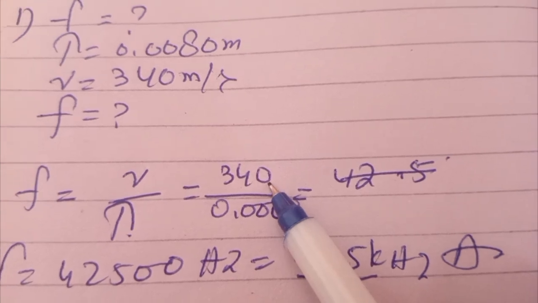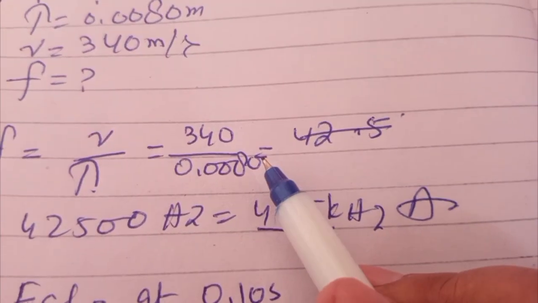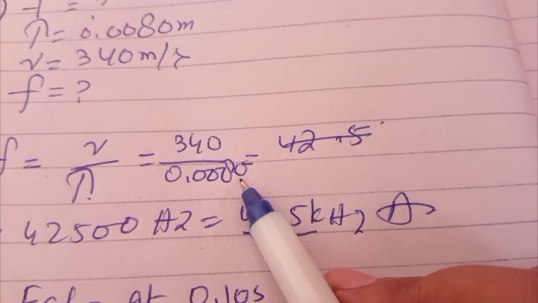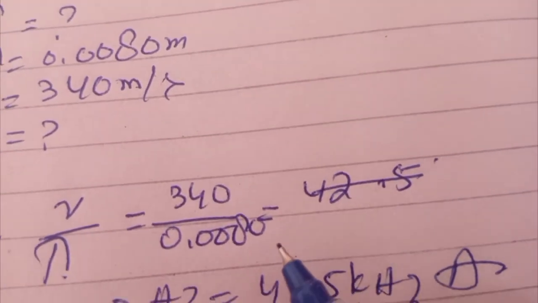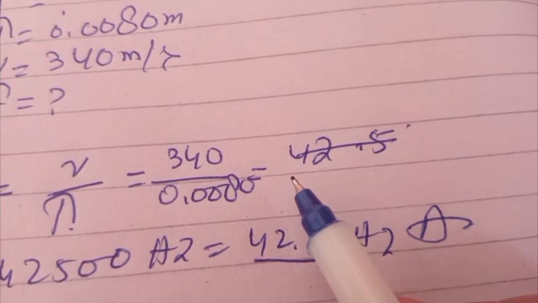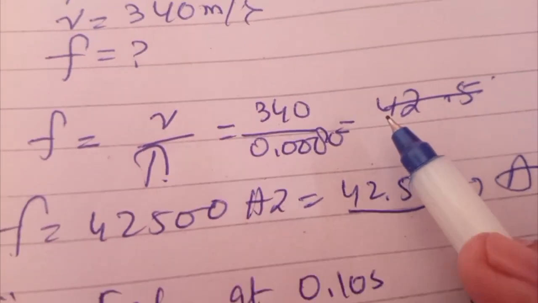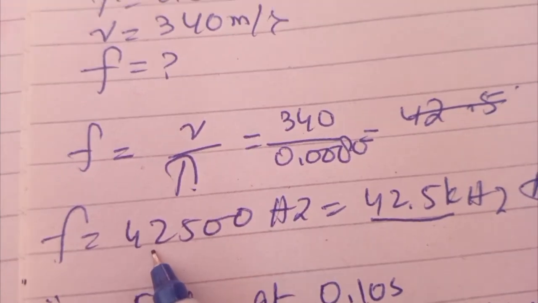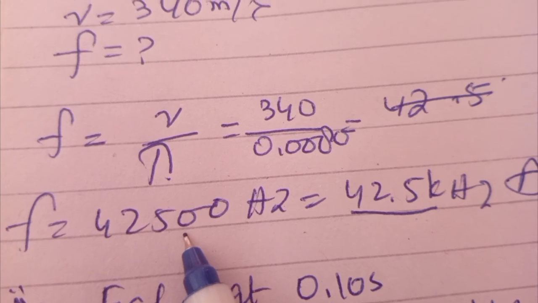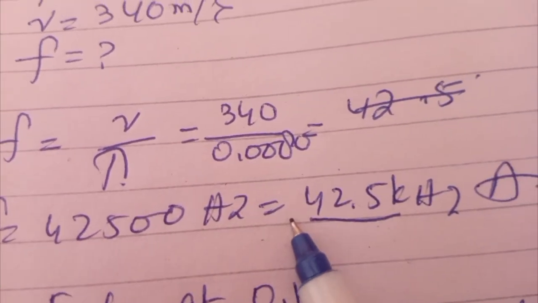Here the speed of the sound is 340 meters per second and the wavelength between the two waves is 0.0080 meters. So the answer would be, when you divide the values, frequency equals 42,500 hertz.